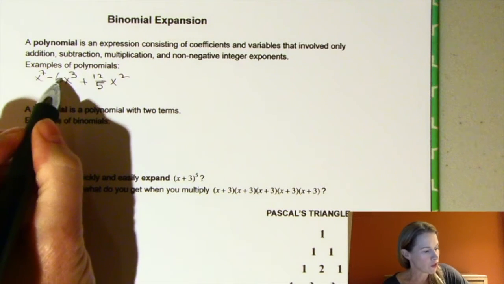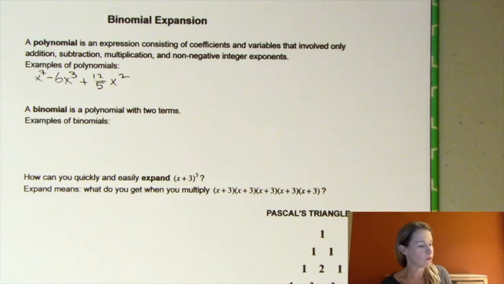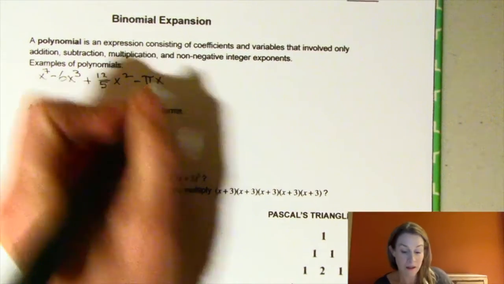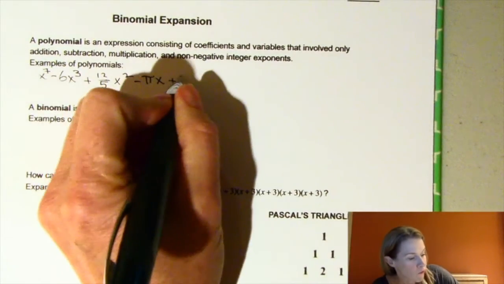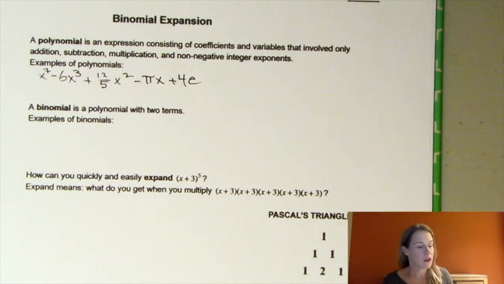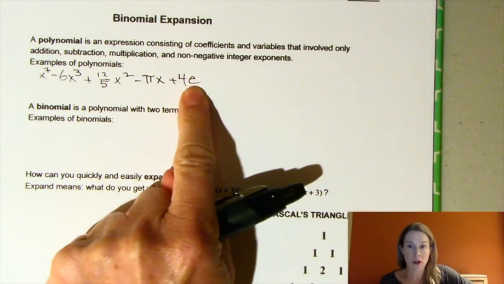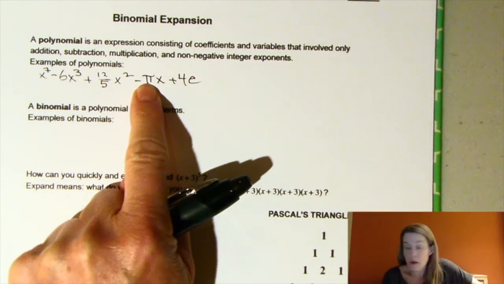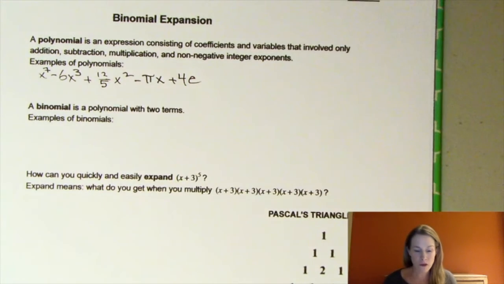We have multiplication here of the 6 and the x cubed, for instance. We have only positive exponents. I could keep going. I'd say minus pi times x plus 4 times e, for instance. Just a number, so that's just a constant term here, and here we have pi, just a number, as a coefficient for x to the 1st.